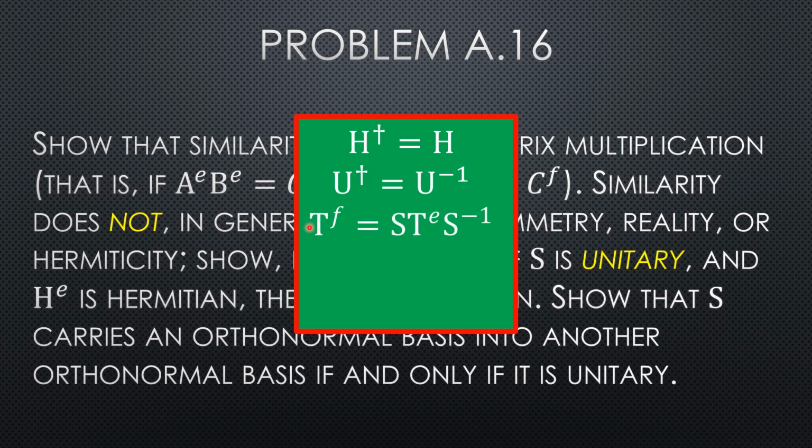And for the similarity transform, TF is equal to some transformation matrix S times the original matrix TE times S inverse. We've seen something like that before in the quantum mechanics book with the unitary matrix or unitary transform. Finally, we have a vector transform where we see that AF is equal to S AE, very important for us.